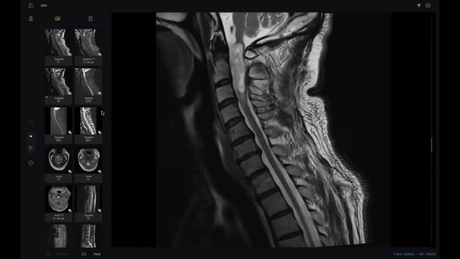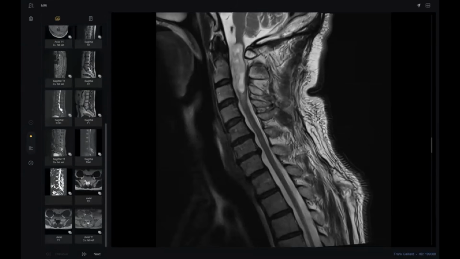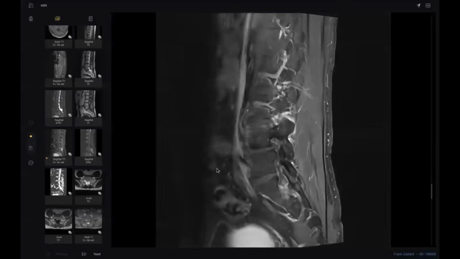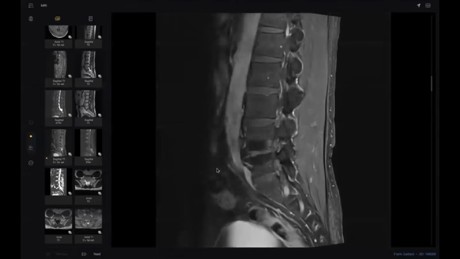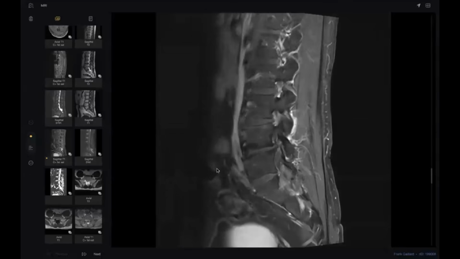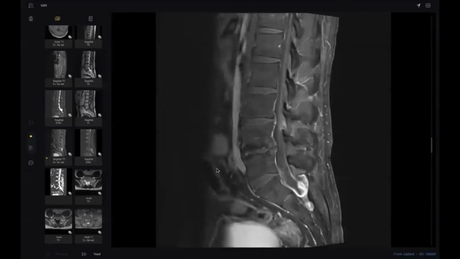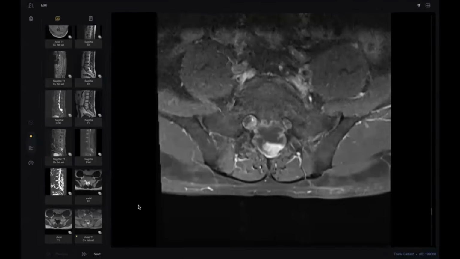I will check the rest of the spine. Which sequence do you want? Post-contrast, lumbosacral region. Yes, there are abnormal enhancing lesions seen in the most caudal segment of the cord. So this is suspicious of metastasis.